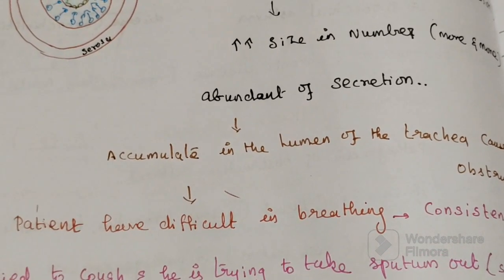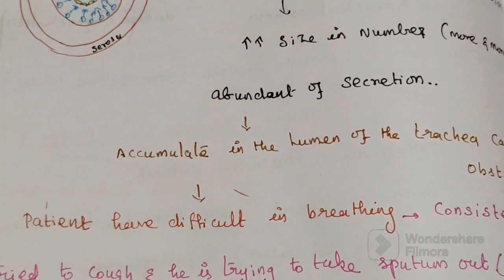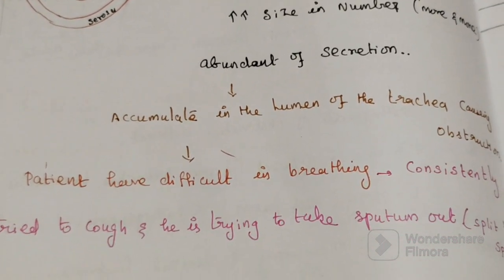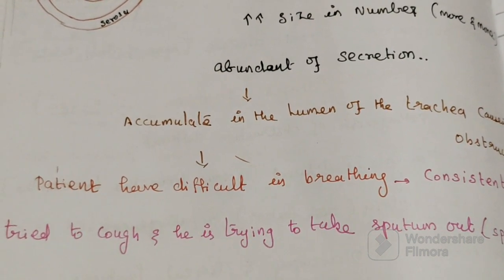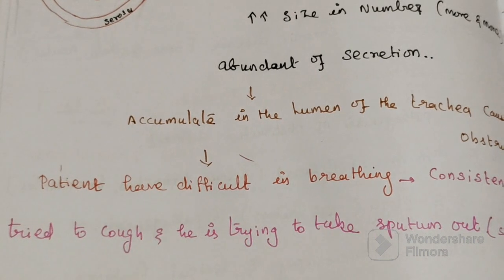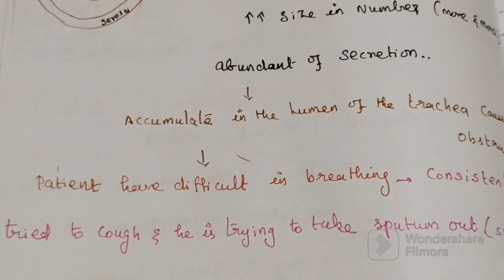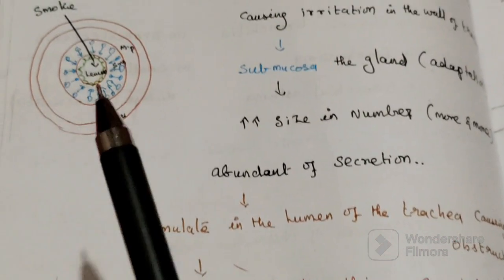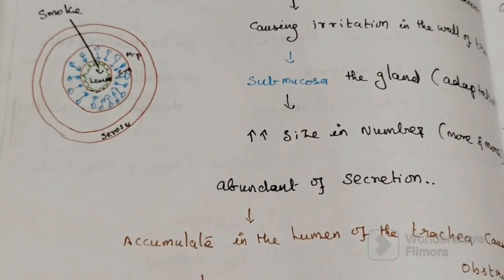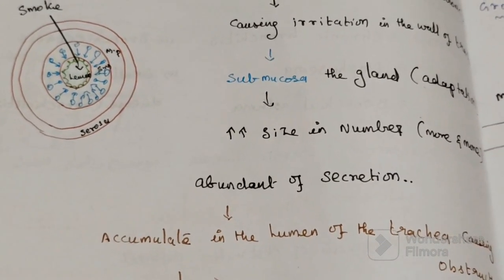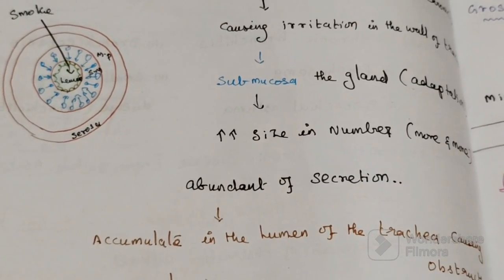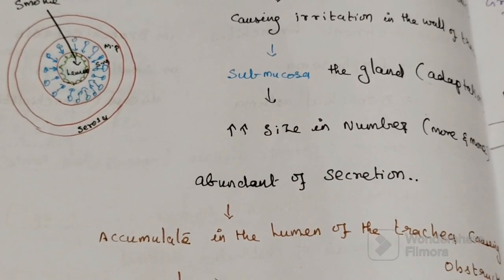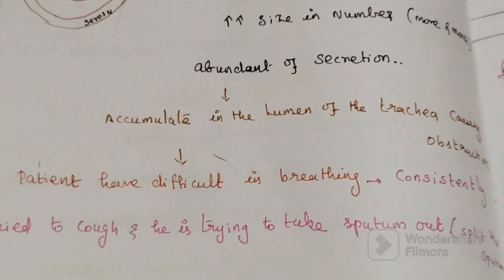Why is the gland over secreting? It got irritated from smoking. So the risk factor is smoking, which leads to irritation of the gland, which leads to adaptation of the gland: hypertrophy and hyperplasia. The submucosal glands increase in size as well as number. They secrete abundantly into the lumen, so the luminal secretion forms an obstruction, and the patient has difficulty breathing.